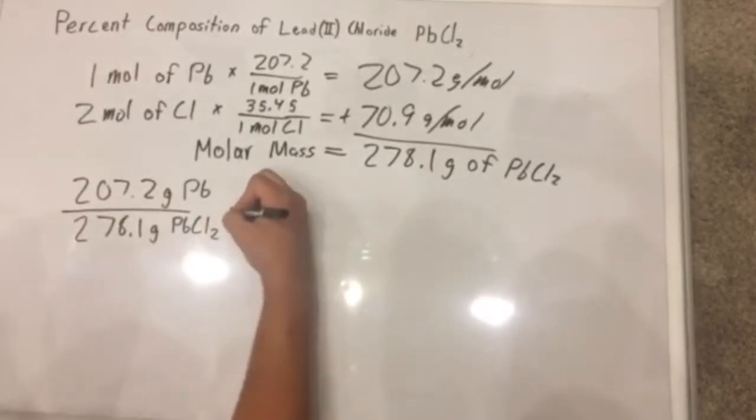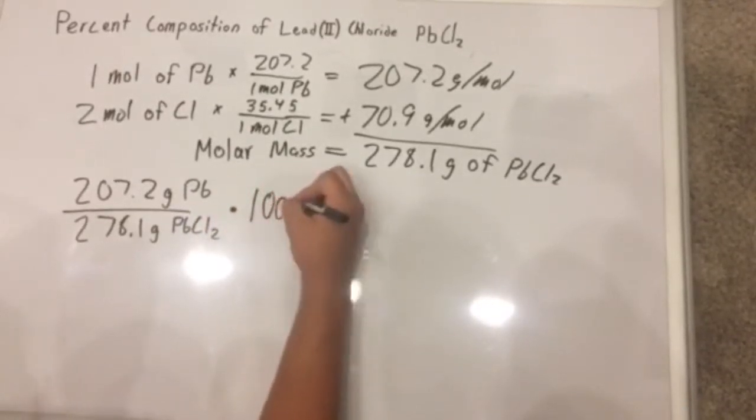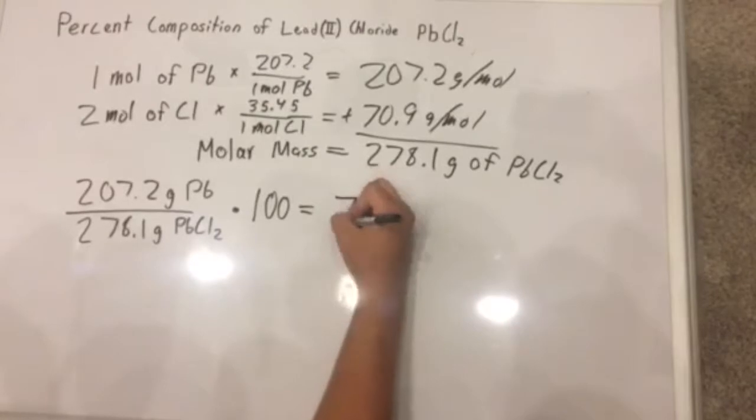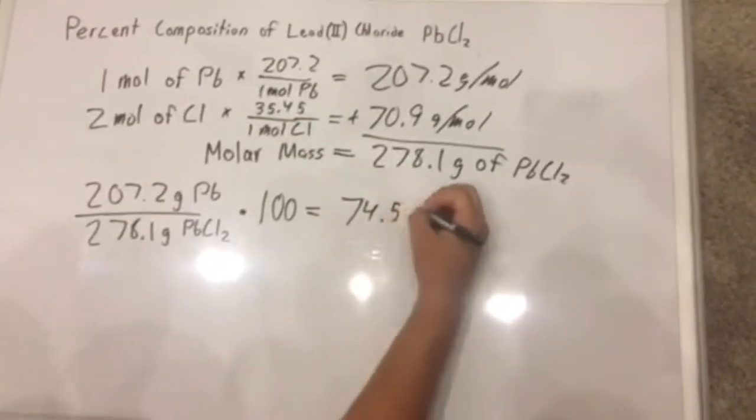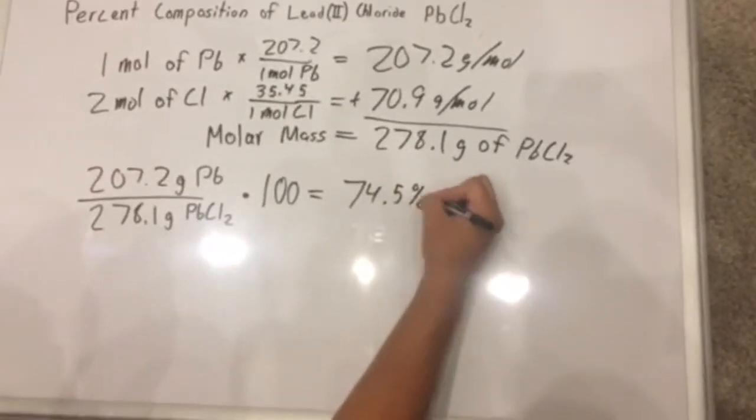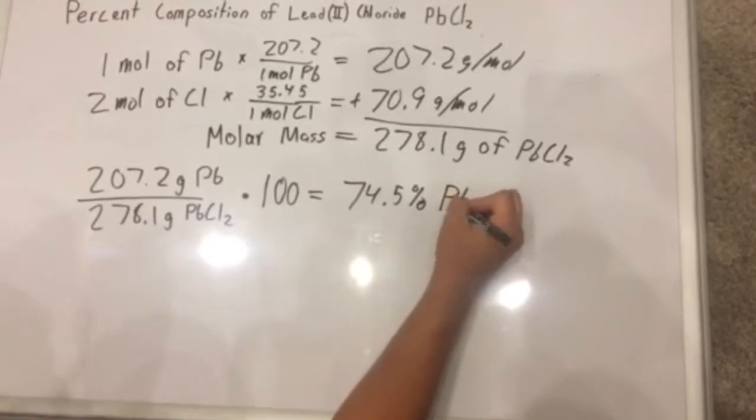Once you have the molar mass, you divide the mass of lead and of chlorine by the total molar mass. And then you multiply both of these answers times 100, and you are left with your percent composition.